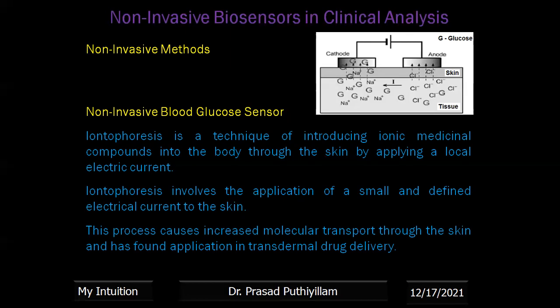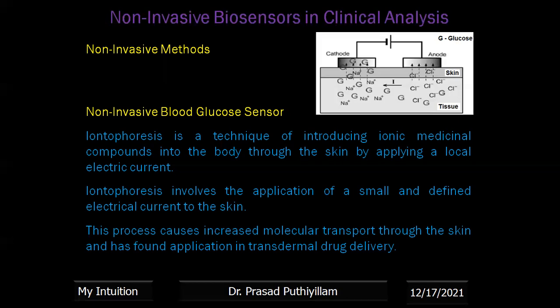Now, a non-invasive blood glucose sensor usually uses electromagnetic waves to sense the blood glucose level by changing the radio wave impedance using spectroscopy. By varying the radio wave frequencies, the changes in blood glucose are determined. But in such cases, the calibration of the instrument is a little bit problematic, difficult work for the people who are handling that.